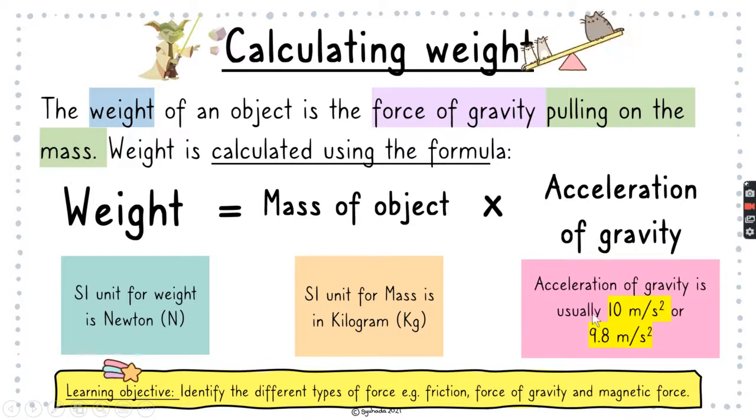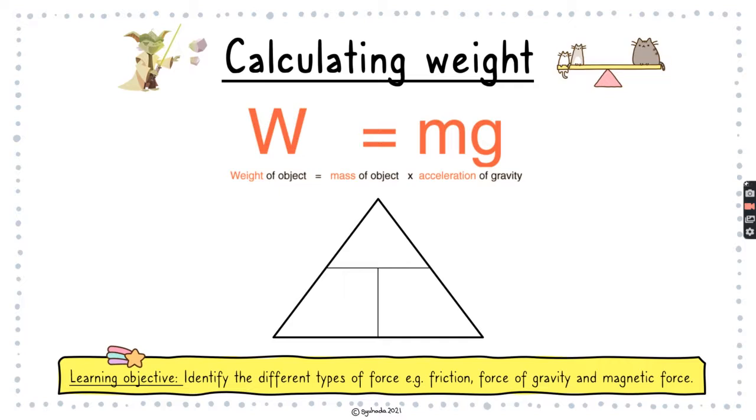And acceleration of gravity is usually taken as constant, either 10 meters per second squared or 9.8 meters per second squared. So to calculate weight, which is a force, we take the mass of that object times acceleration of gravity. For example, the teacher's mass is about 52 kilograms, and my weight will then be 52 times 10, so 520 newtons.